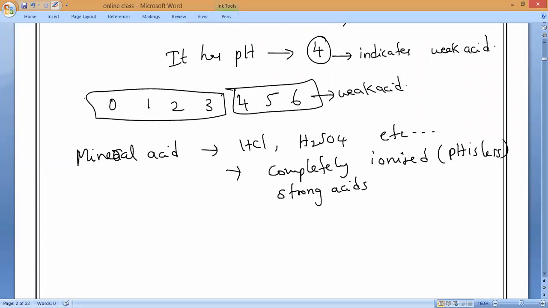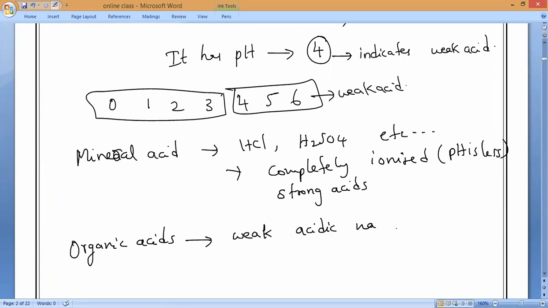But if you take all the organic acids, meaning carboxylic acids, what is another name for carboxylic acids? Organic acids, we can say carboxylic acids. They are weakly acidic in nature because they are partially ionized, not completely ionized.